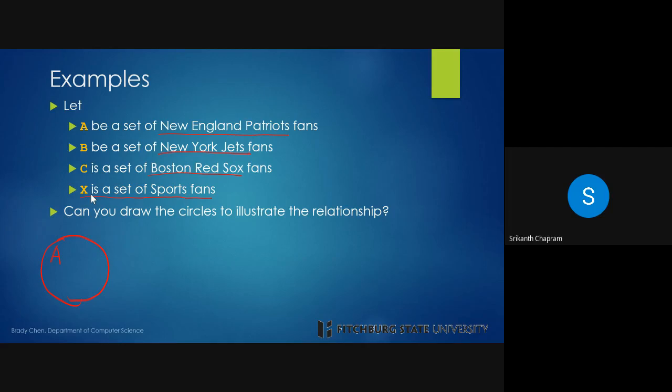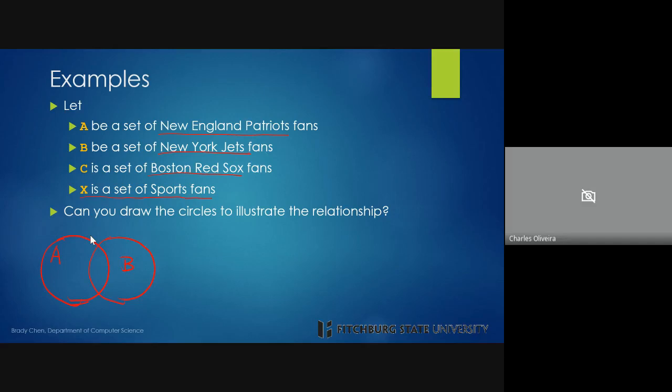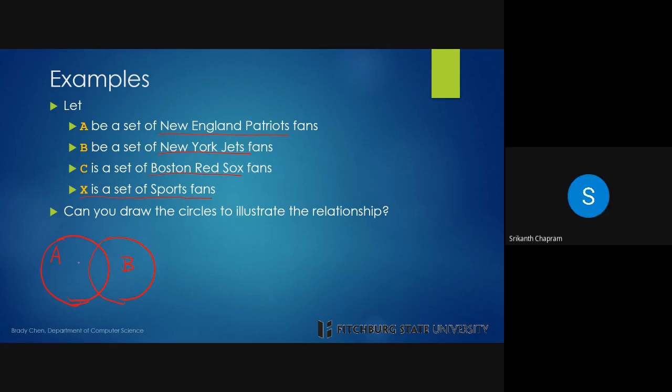Overlap? Any different opinion? I think this is kind of tough. I'm not sure I know of any New England Patriots fans that are New York Jets fans. Yeah, that's a tough question.